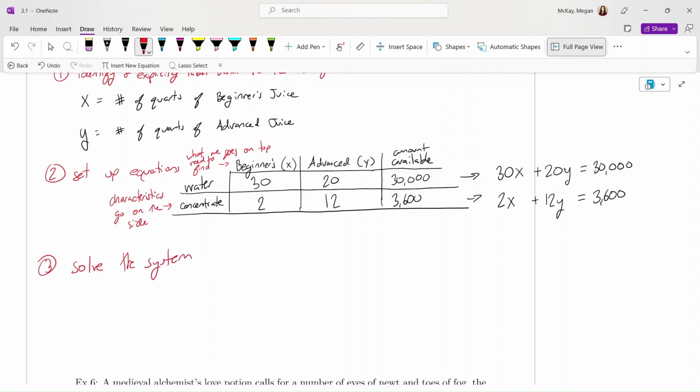Alright, so our system of equations is 30x plus 20y equals 30,000, and 2x plus 12y equals 3,600. So far, we've been solving systems of equations by elimination, so let's continue that by multiplying equation 2 here by negative 15.